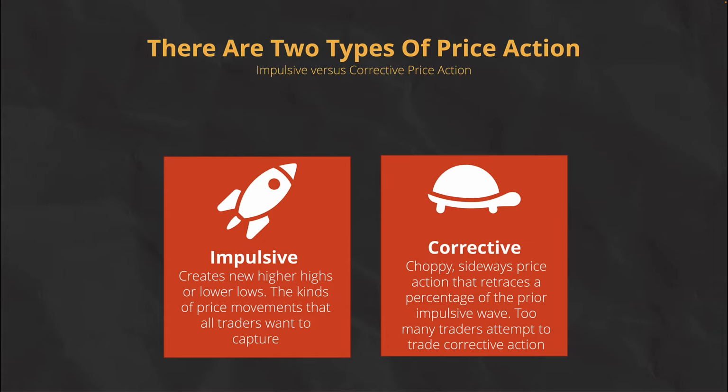So the vast majority of the time, a market is actually consolidating or correcting, which means that odds are, when you open up your trading platform and you're going through the different price charts of the different markets or currencies that you're looking at, you're going to be witnessing a market in a corrective mode of behavior. So what happens then? Well, you say, I've got to play the hand that I'm dealt.